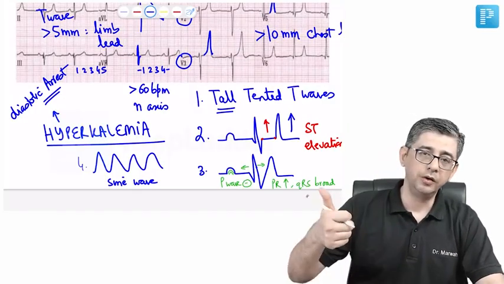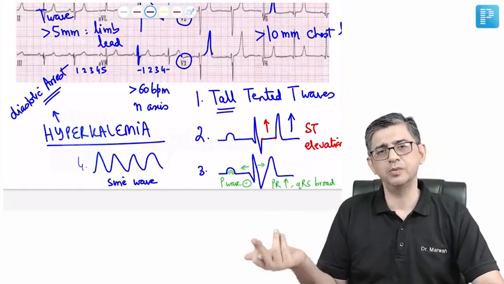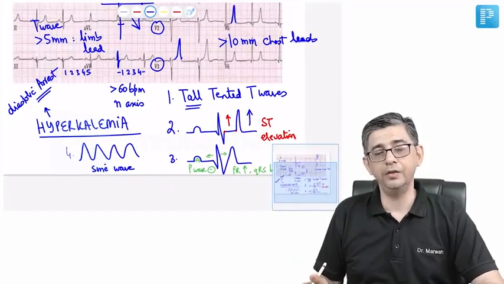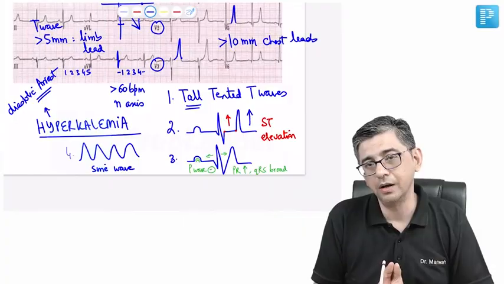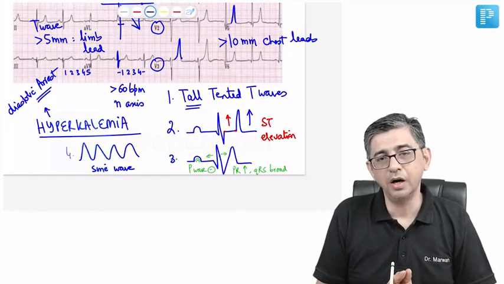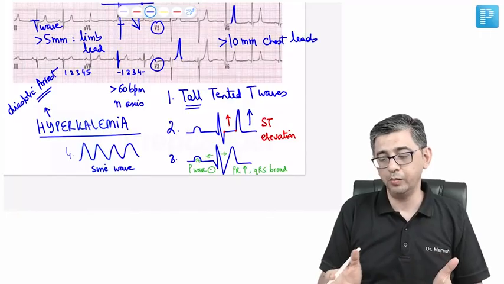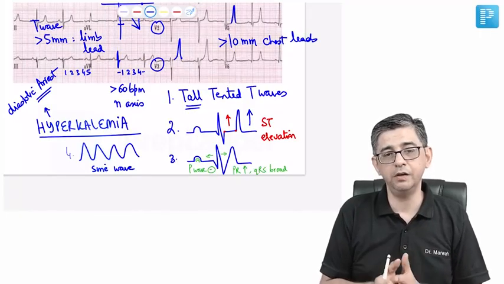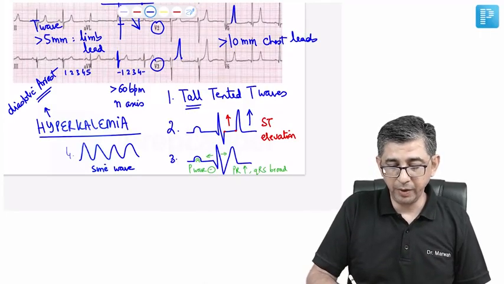The logic is repolarization waves will tend to increase because potassium is related to repolarization, and the depolarization vector becomes lesser. So the P wave amplitude reduces, the heart is slower. So I said the QRS complex of this patient will become broader and will merge with the tall tented T wave, resulting in a sine wave pattern.